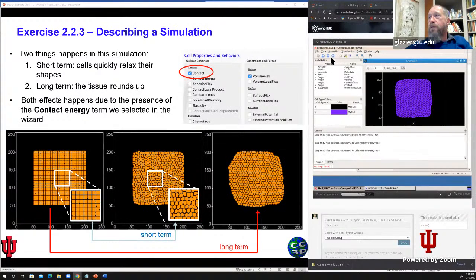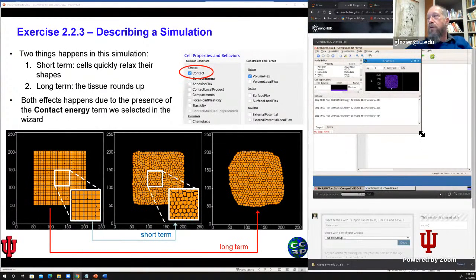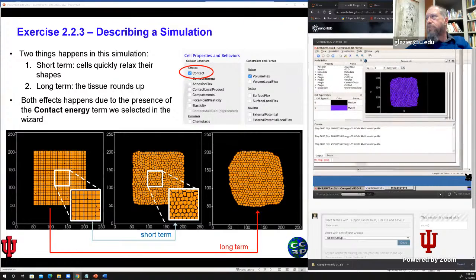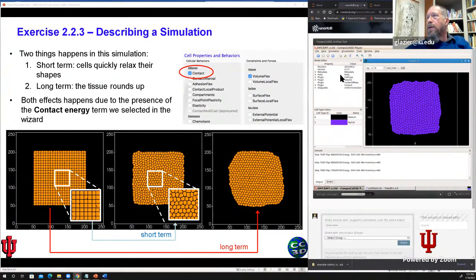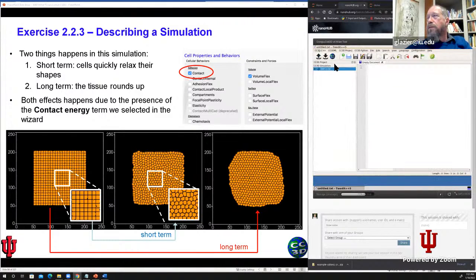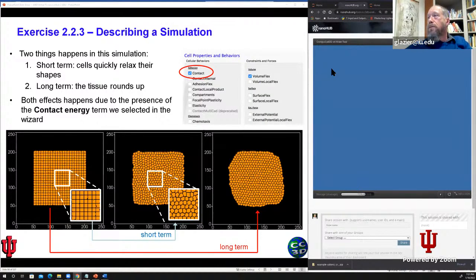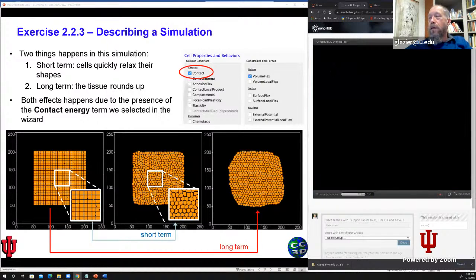If we stop this simulation and restart it pushing the step function, so we see the initial configuration. Let me get it started again. Let's see. Stop. All right, CompuCell crashed on me.